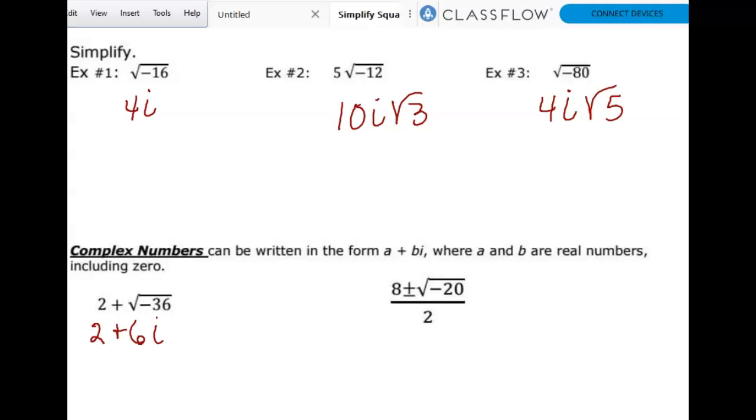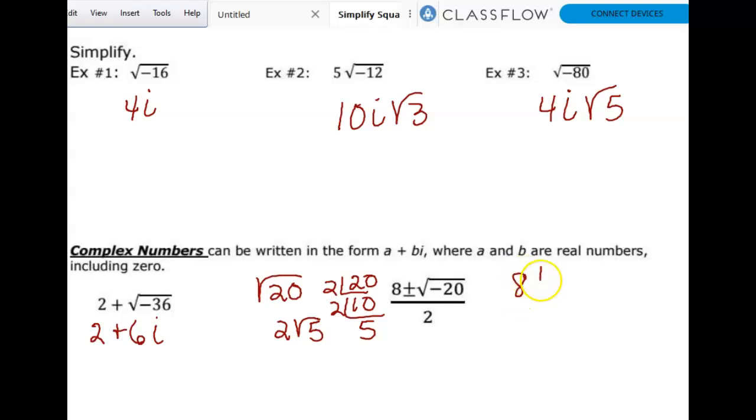So I'm going to start with the square root of 20. This is my last one. Let me do it. The square root of 20. So I get 2 square roots of 5. But what do I need because it's a negative 20? What do I get in my answer? All right.